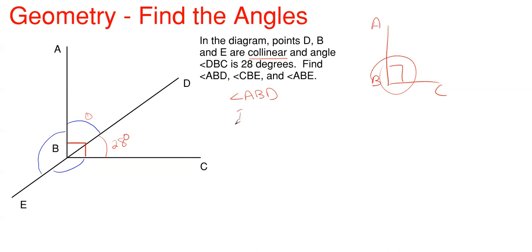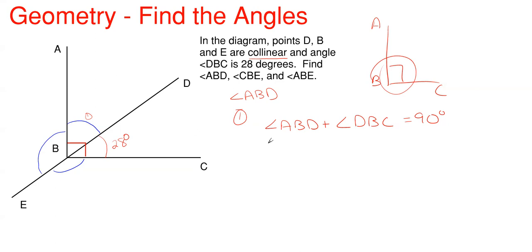So for our first angle here of ABD, this is what we have going on. Angle ABD plus the angle of DBC equals 90 degrees, given this little red box here, meaning it's 90 degrees.